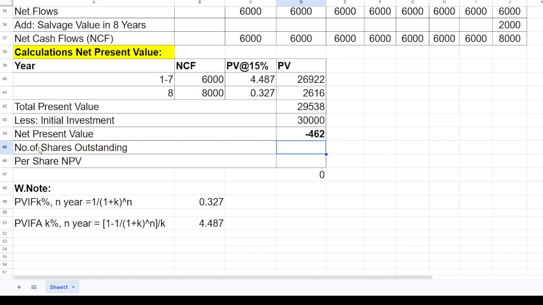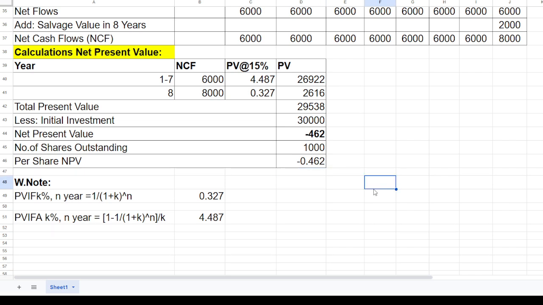Now the number of shares outstanding given in the question is 1,000. Okay, now what about the per share value? Then what I do here is this value divided by this. So you would have a negative value here, that is minus 0.462. Anyway, this project is not financially viable as we have a negative net present value.